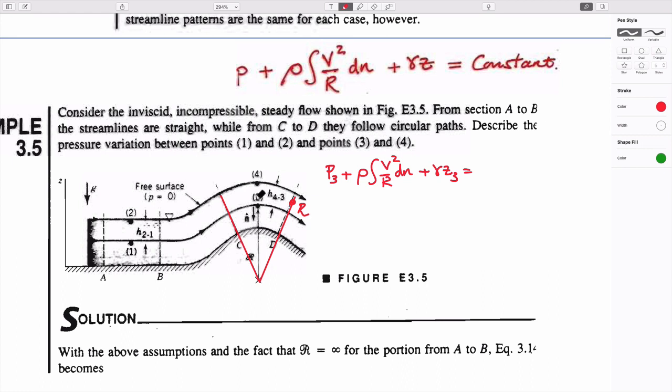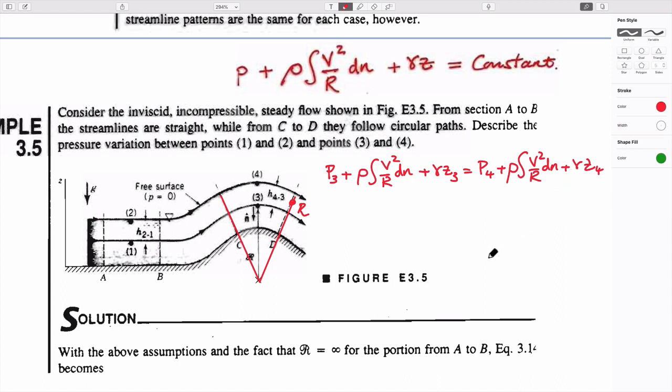So we're just going to write it between these 2 points, just as before, is equal to P4 plus density, same integral, v squared over r dn, plus unit weight times z4.